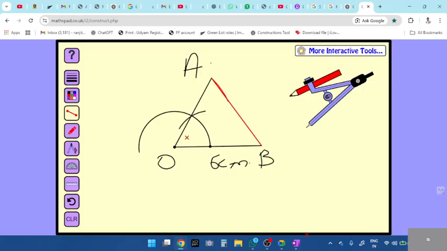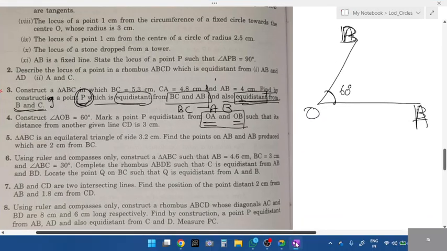Be quick. This is 60 degrees. Last question, students. Done, 60 degrees. Next, tell me the second part.